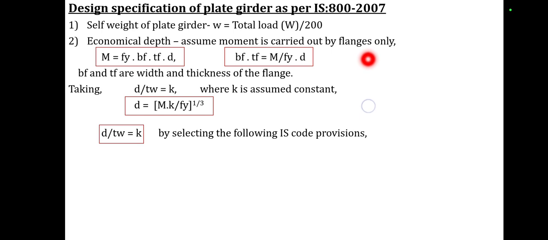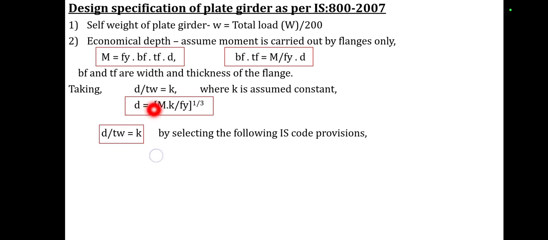We know that an I section is an ideal section for being used as a beam element. That's why the flanges carry the moment and the web carries the shear force. Therefore, M is equal to Fy into Bf into Tf into D. Hence, Bf into Tf is equal to M divided by Fy into D, where Bf and Tf are the width and thickness of the flange.